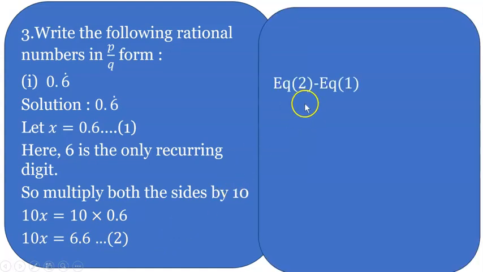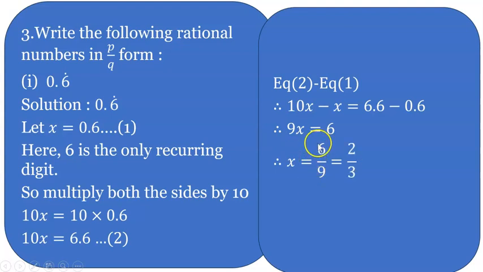Now the subtraction, equation 2 minus equation 1 means what? 10x minus x, you will get here 9x, and 6.6666 minus 0.666, and their subtraction, that is, 9x is equal to 6, and hence x is equal to 6 upon 9, and that is equal to 2 by 3.